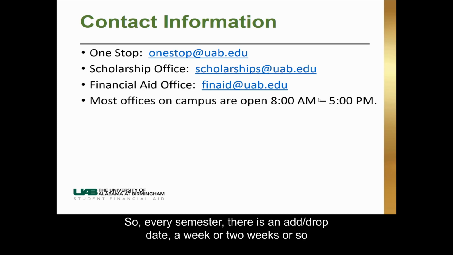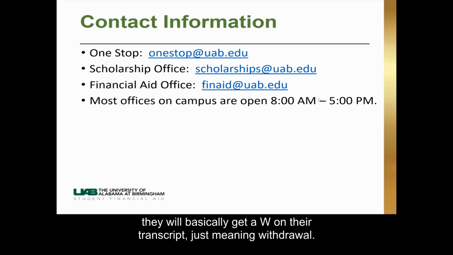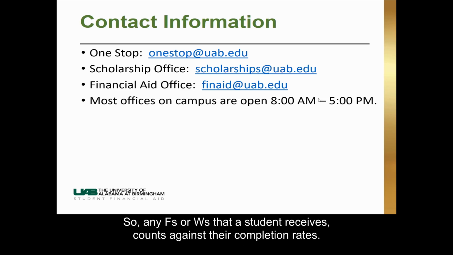So every semester, there is an add drop date a week or 2 weeks or so out from the first day of class where students can make any changes to their schedules that they might need to make. But after that add drop date, if they drop a class, they will basically get a W on their transcript, just meaning withdrawal. So any Fs or Ws that a student receives counts against their completion rate.